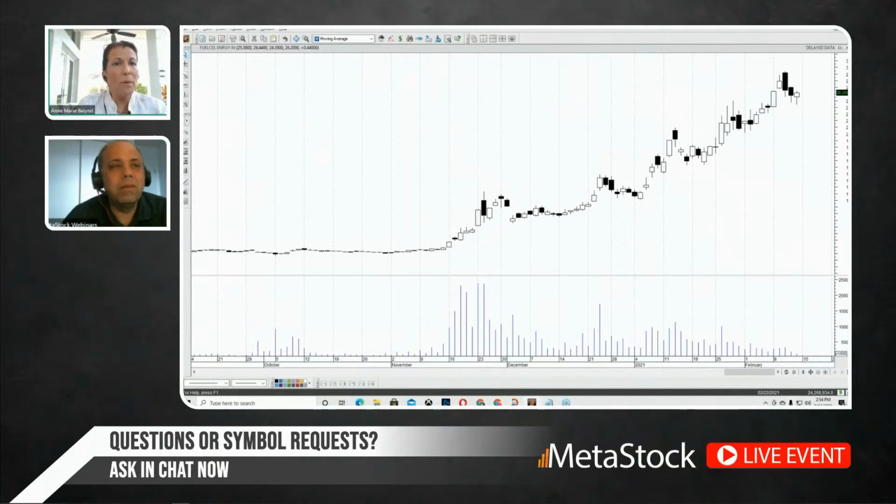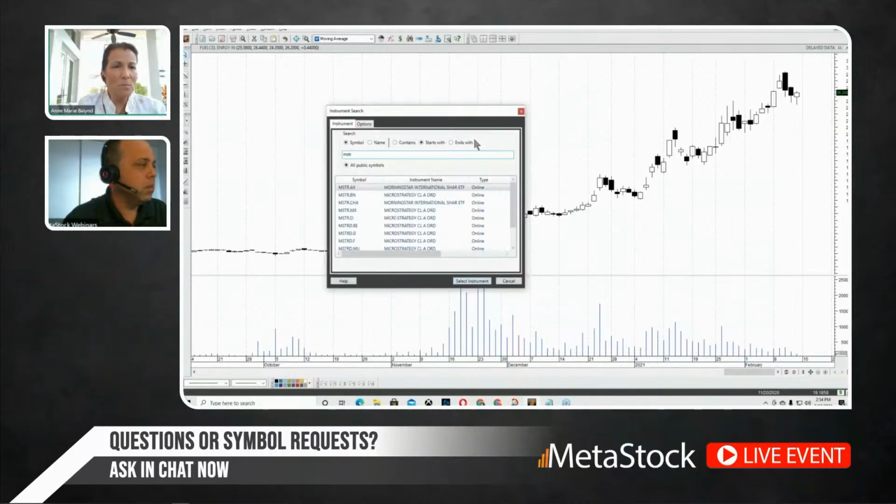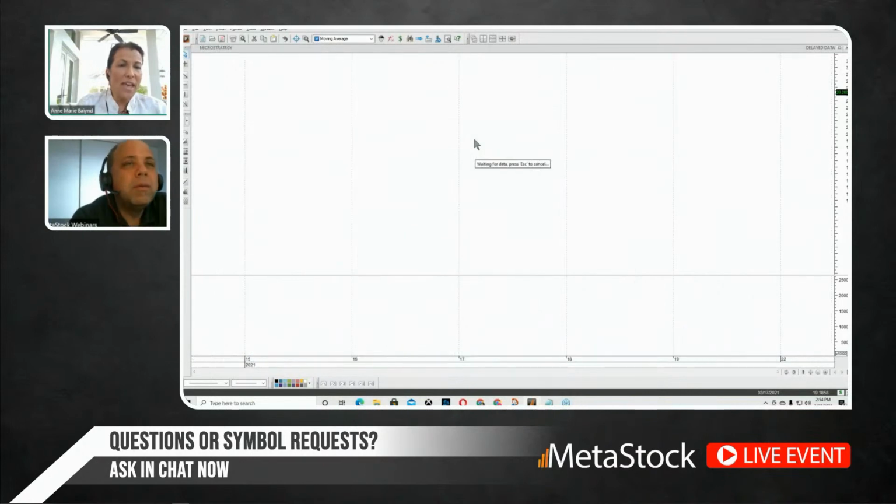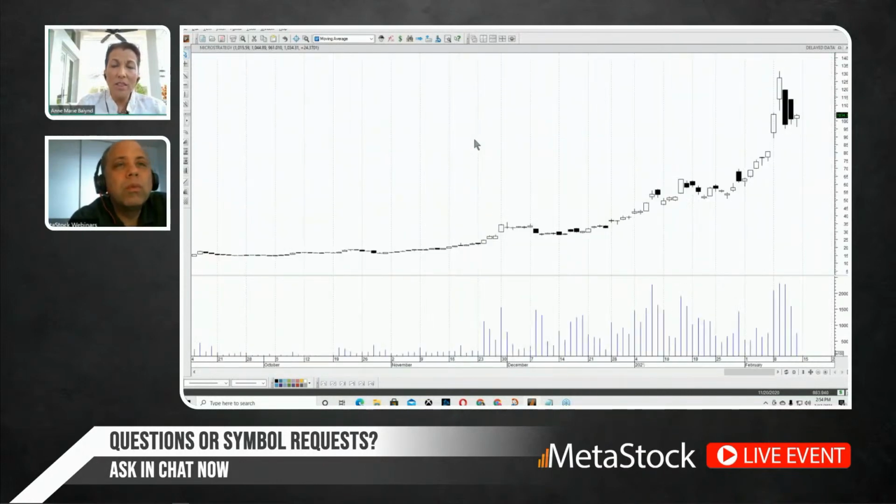MicroStrategy. Pull up the MicroStrategy chart, MSTR. This one is fascinating. With this MicroStrategy chart, what they did was they went out and they got an offering. And they said, hey, we need money, and we're going to buy Bitcoin with it.